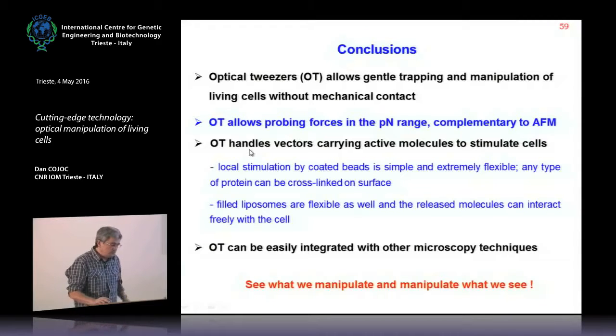Optical tweezers allow us to handle vectors carrying active molecules to stimulate cells. With this, we showed local stimulation by coated beads, which is simple and extremely flexible. Any type of protein can be cross-linked on the surface. And filled liposomes are flexible as well, and the released molecules can interact freely with the cell.